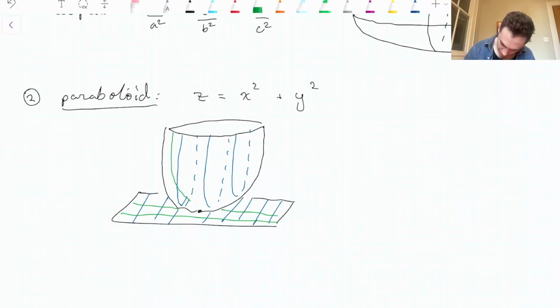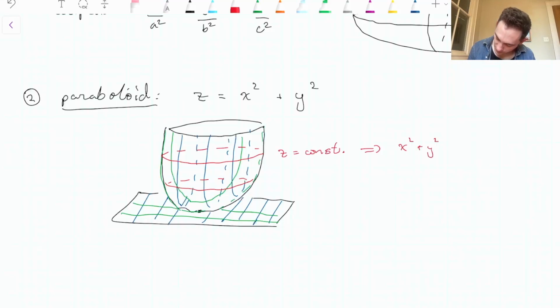And if I take a z trace, I'm going to see a nice circular cross-section. Right, so if I take z equals constant, then I get x squared plus y squared equals a constant. So I have nice circular z traces.